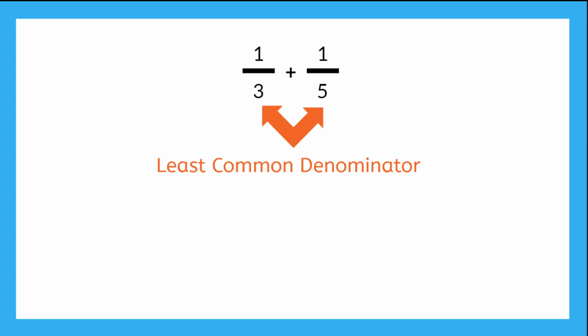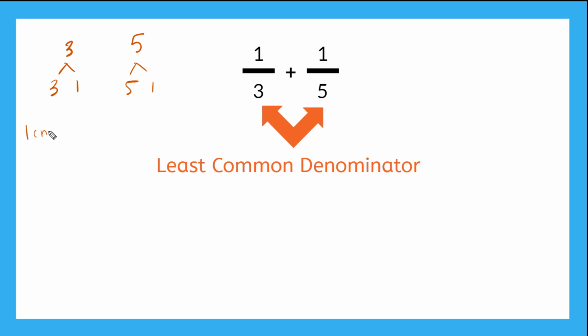So let's do a quick prime factorization for 3 and 5. So my tree for 3 will give me 3 and 1. And how about my tree for 5? It will give me 5 and 1. And that's it, right?